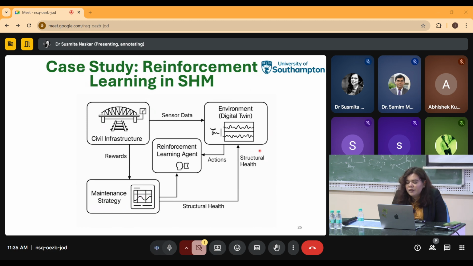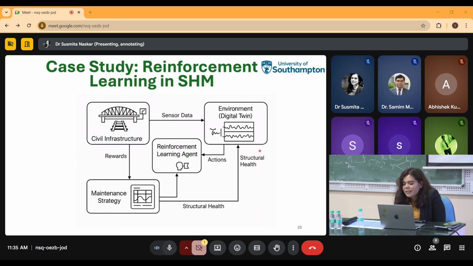So basically this reinforcement learning agent uses the structural health data derived from the environment to improve its policy. It balances exploration, that means trying new maintenance strategies, and also uses exploitation, that means using what has been learned, what works best. Both of these things need to be balanced, right? Over time, the system converges on the most efficient maintenance approach.